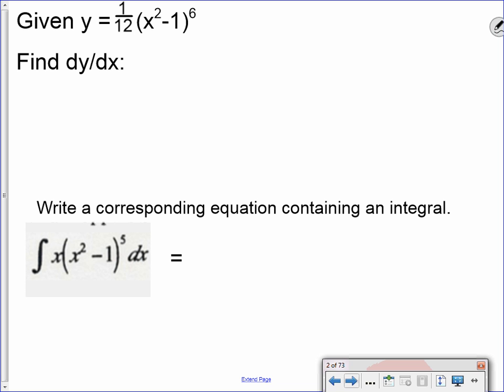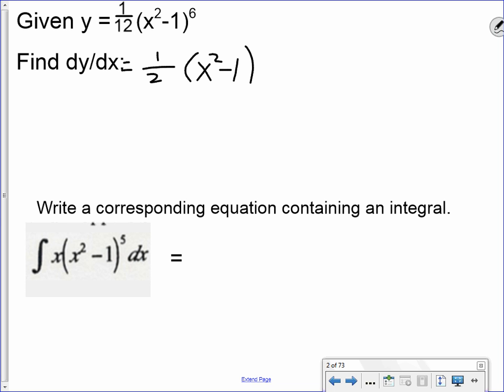Guys, we're going to start out by differentiating. Tell me what the derivative of 1/12 times the quantity x squared minus 1 to the 6 is. Bring down the 6, so you have 6/12, or 1/2, x squared minus 1 to the 5th, right?